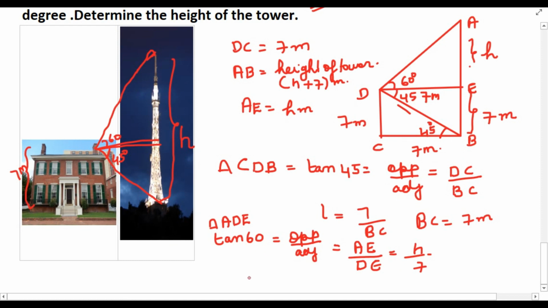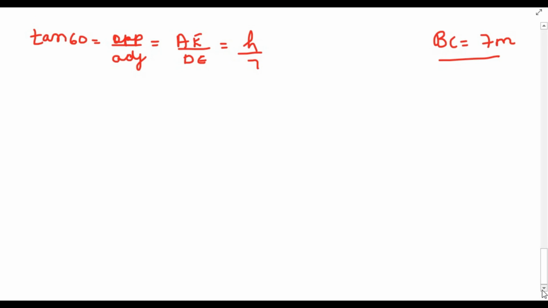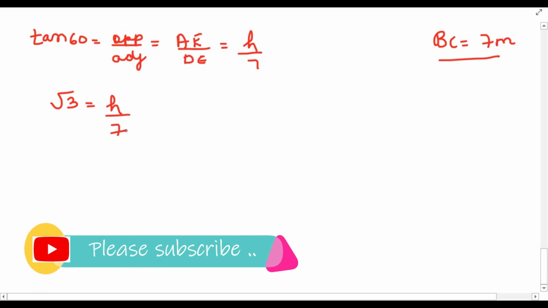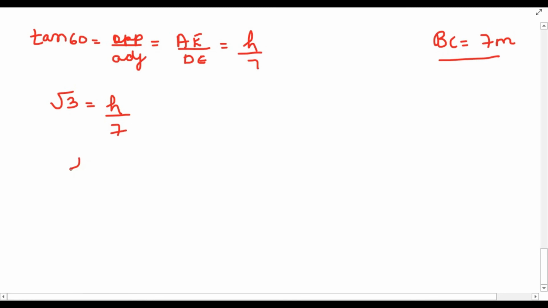Tan 60 is root 3. So we will substitute the value. Root 3 is AE by DE, that is h by 7. Now cross multiply this. We have h is equal to 7 into root 3, 7 root 3 meters. So h is 7 root 3 meters.